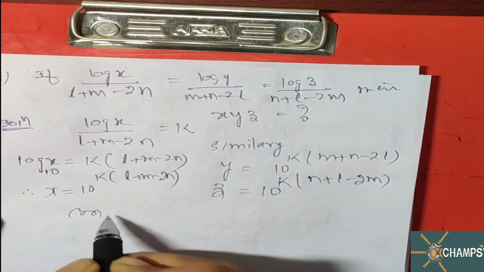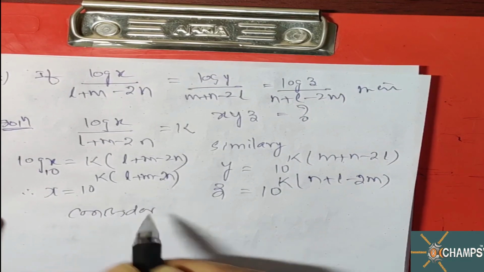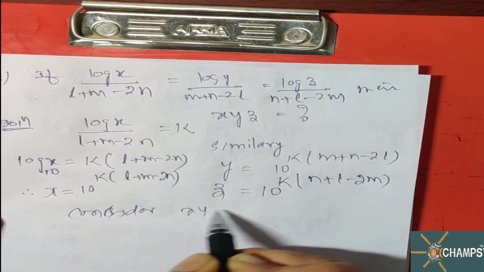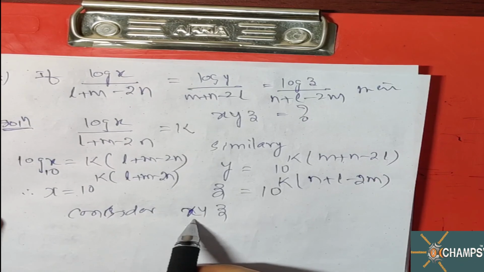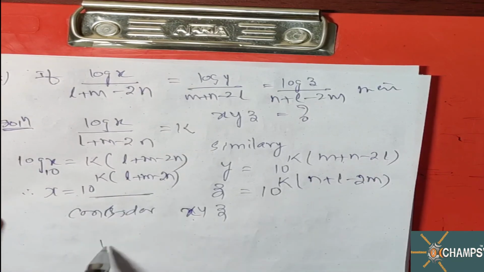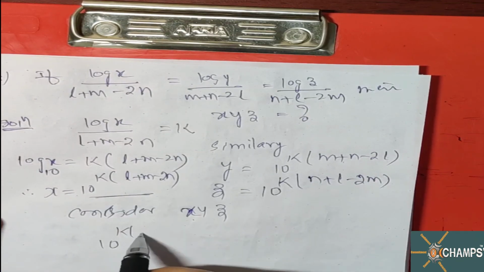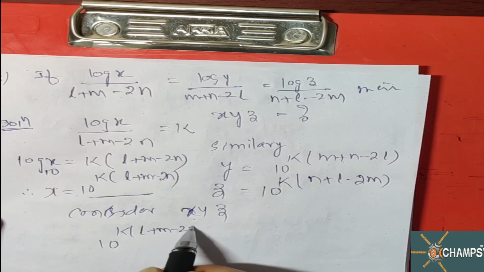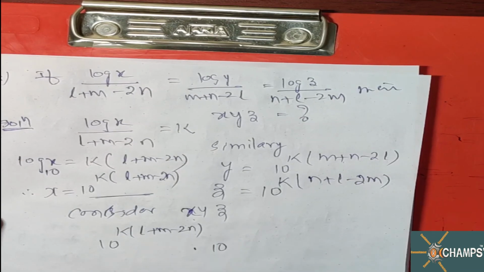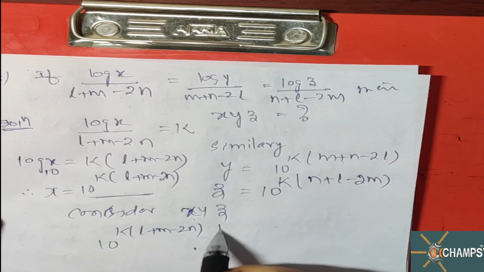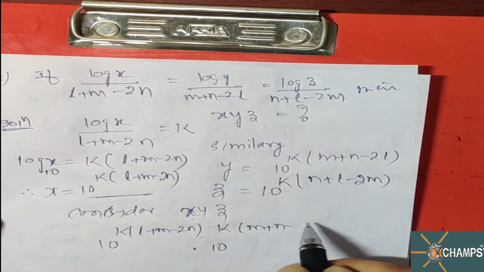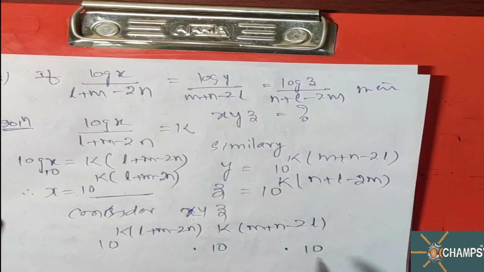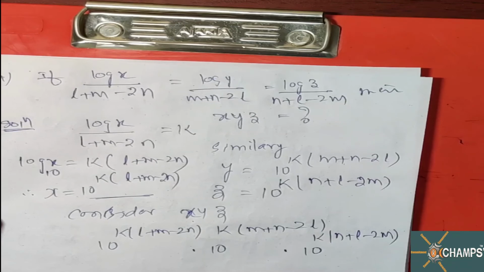Now consider xyz. x is replaced with 10 to the power of k into l plus m minus 2n. y can be replaced with 10 to the power of k into m plus n minus 2l, into 10 to the power of k into n plus l minus 2m.